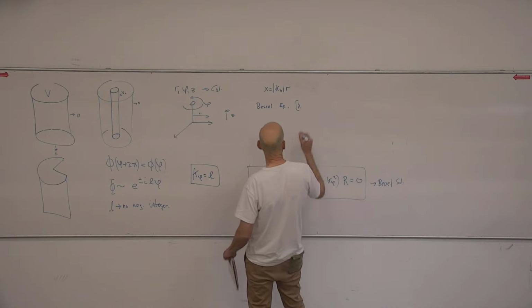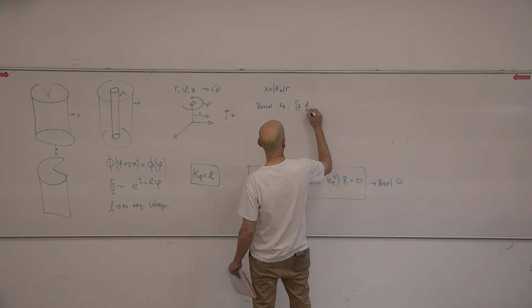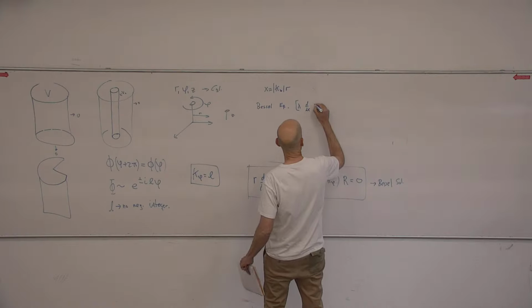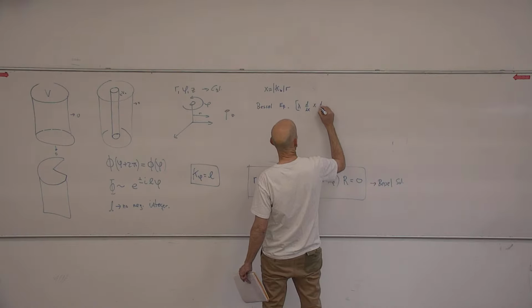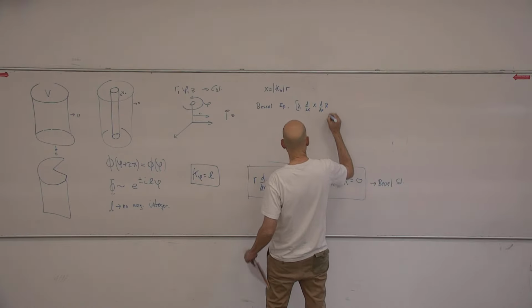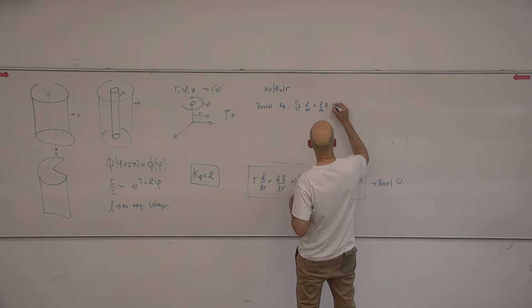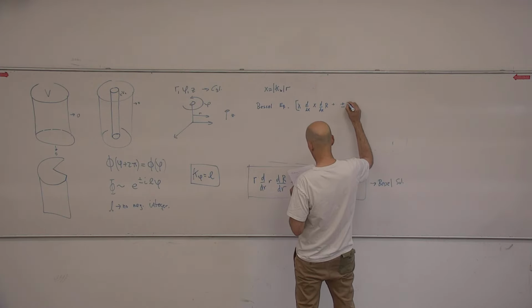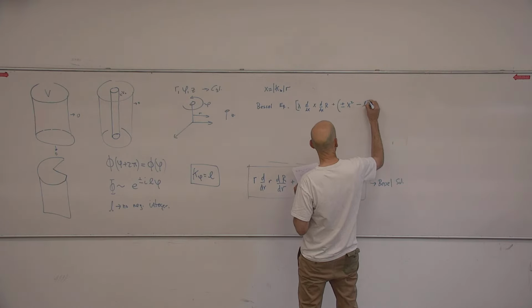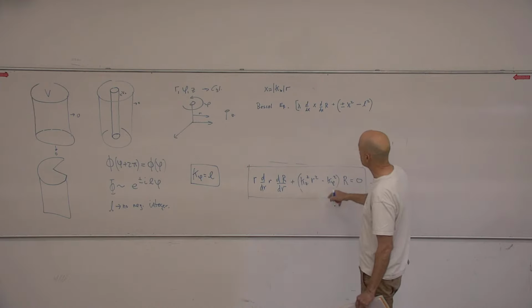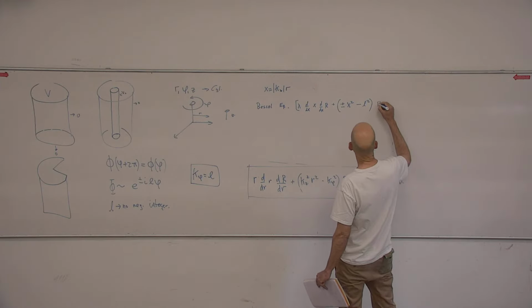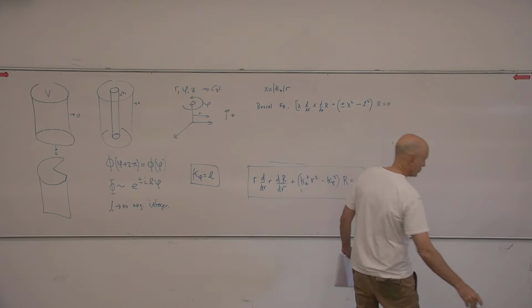Simple change of variables. d over dx, x, d over dx, R, plus or minus x squared minus L squared, so this is this chi phi, all this times R equals 0.